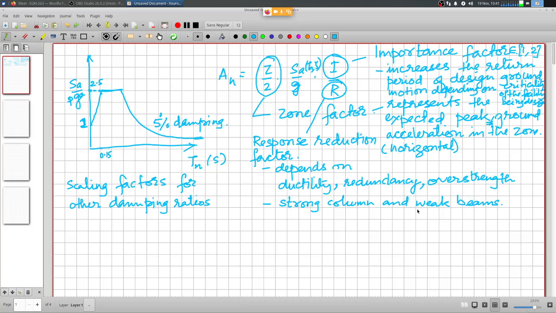So how can I be sure that my beams are weaker than the columns, and the hinging will always take place in the beams, unless I know for sure what is the yield strength of the reinforcing steel.